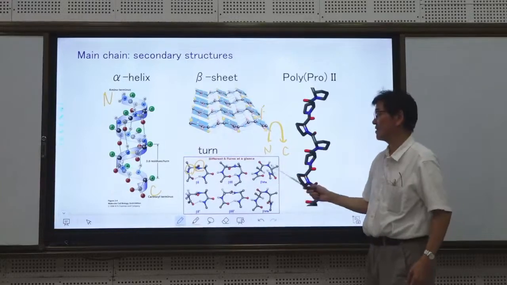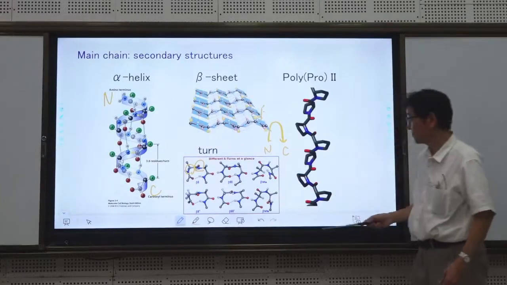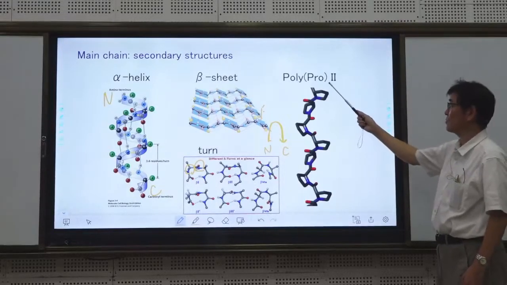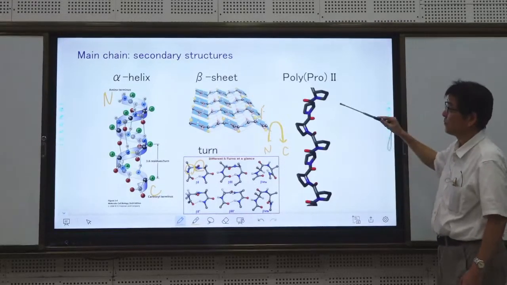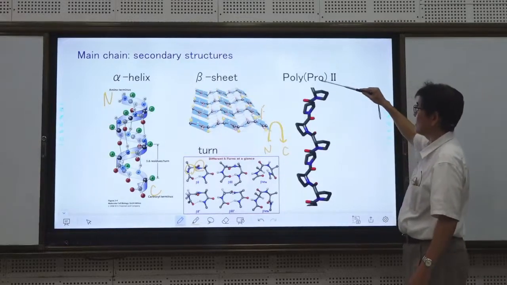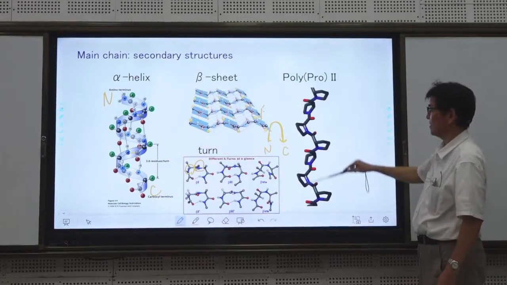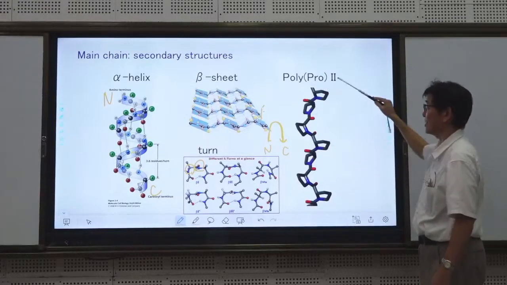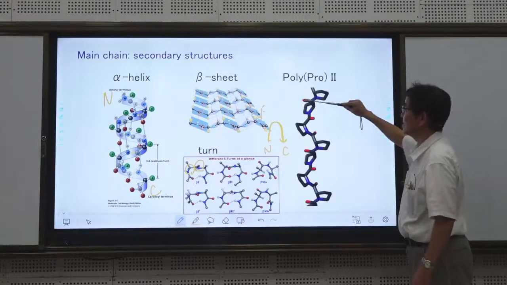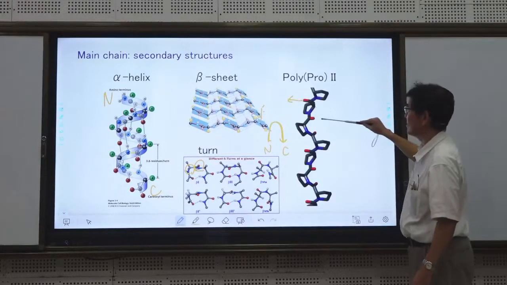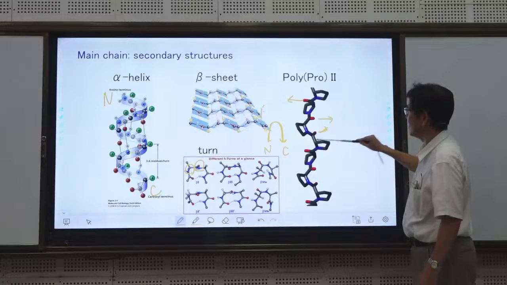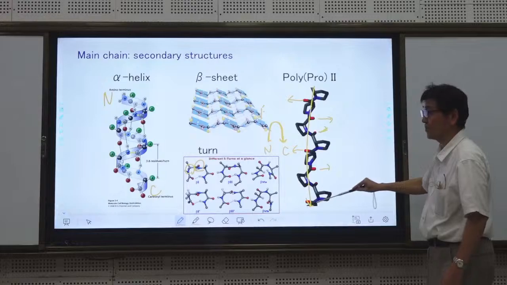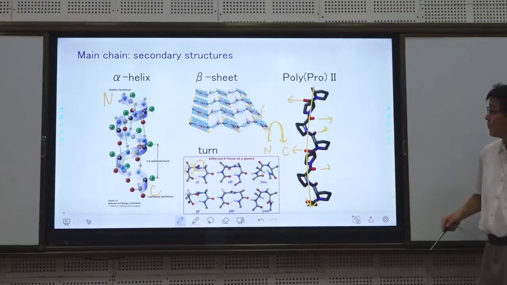And there are various turn structures. Also there is a polyproline 2 structure. So in this case, this stable conformation is found from polyproline, and in this case, CO bond directs perpendicular to extending direction of the main chain.